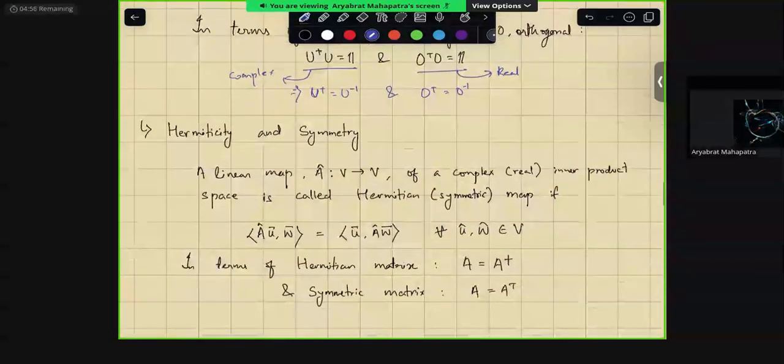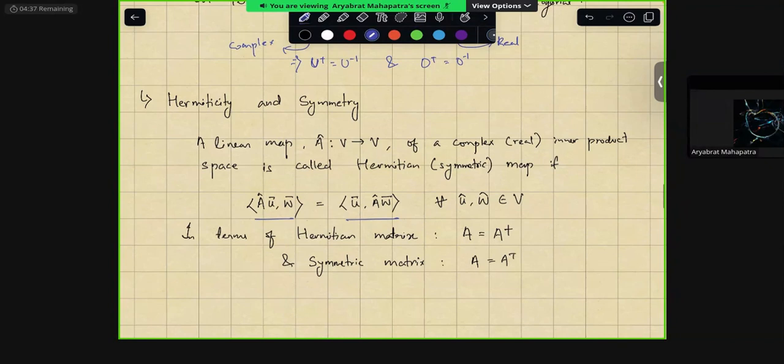Then we also saw hermiticity and symmetry conditions of your vector space, and that has been defined this way. Again, if you have complex entries, dealing with complex vector spaces, then this will be your condition, and for real, this is your condition.